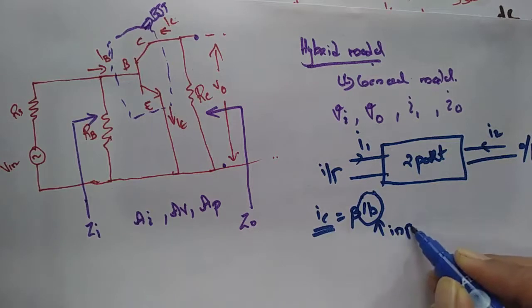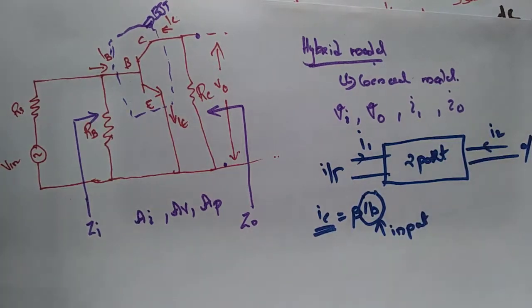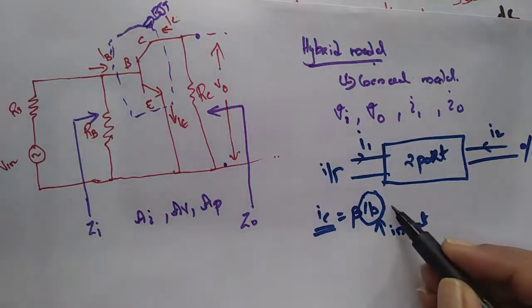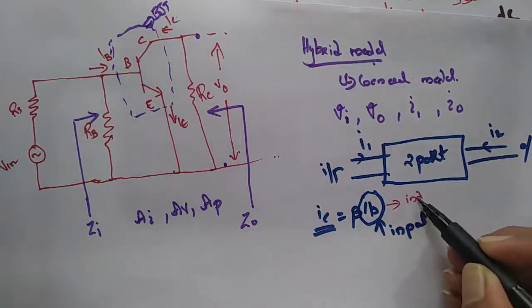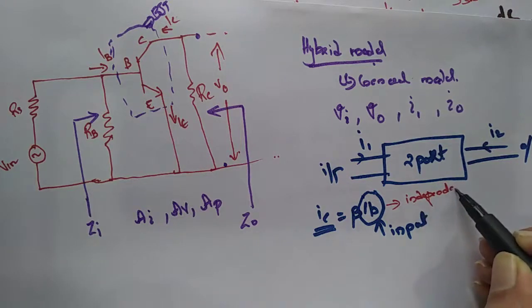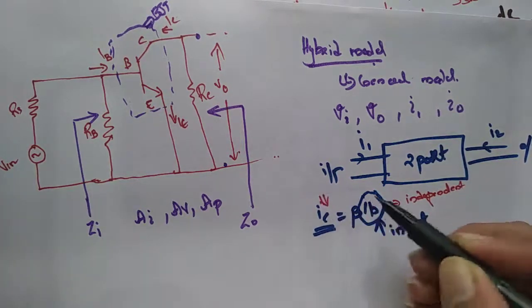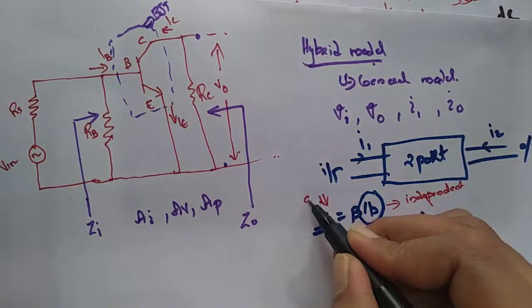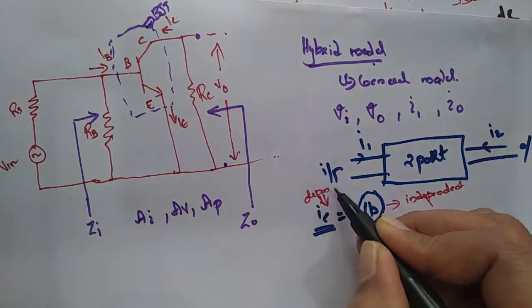How can I classify my variables? IB is an independent variable, whereas IC is a dependent variable.